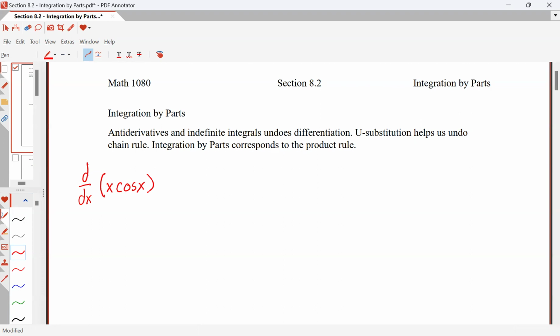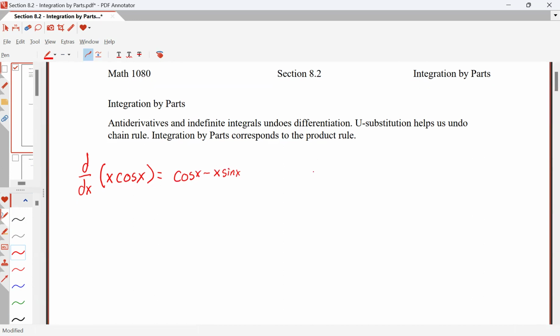Well, the derivative with the product rule of x cosine x is 1 times cosine x plus x times negative sine x, making the derivative overall cosine x minus x sine x.